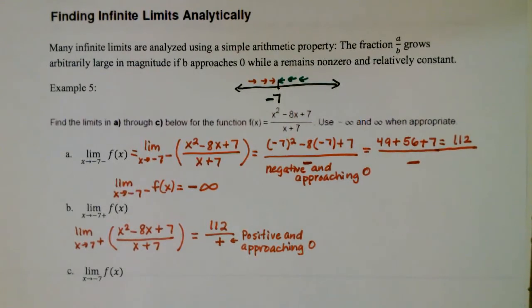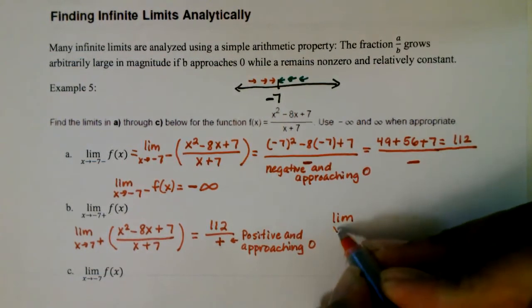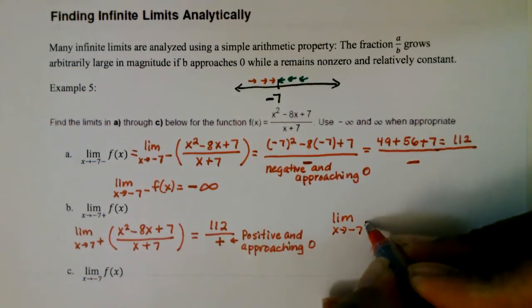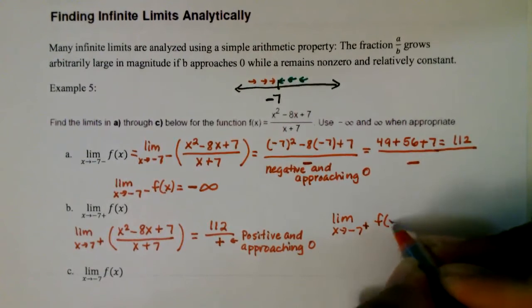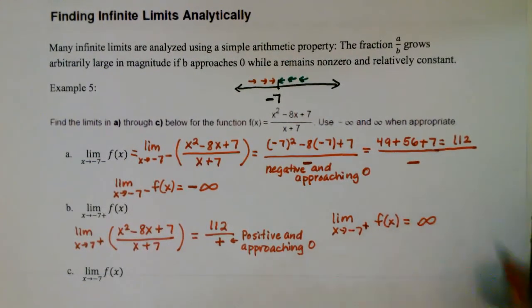Positive and approaching 0. So in this case, the limit as x approaches -7 from the right of that function would be positive infinity.